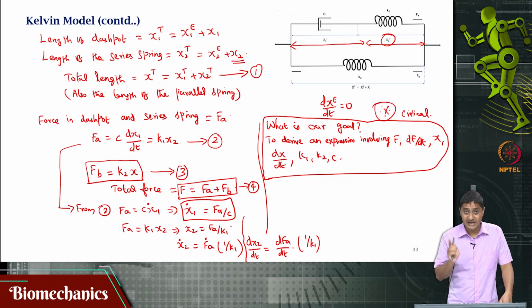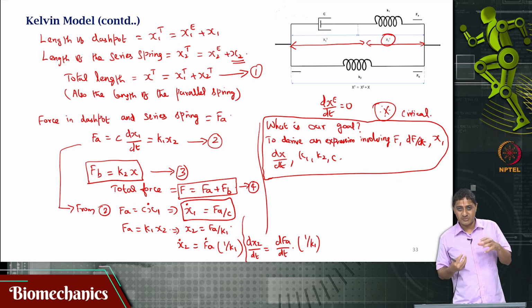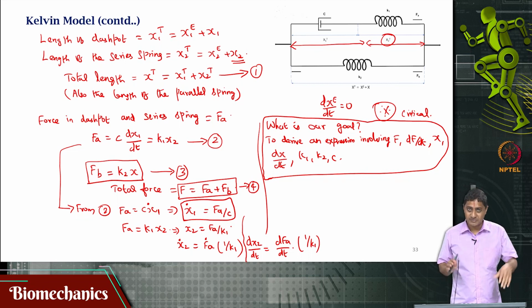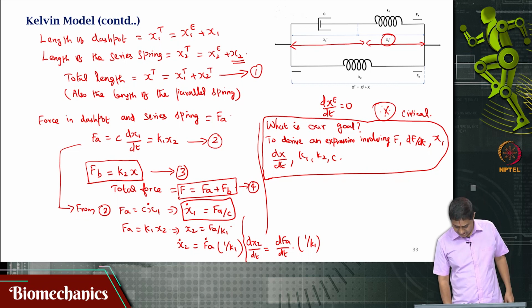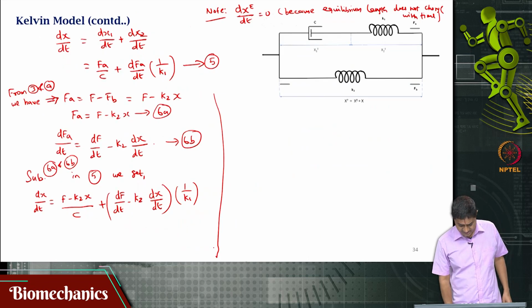I want F, dF by dt, X, dx by dt, K1, K2, C. This is what I want, such that I am able to get a relationship between the force applied and the deformation, or the deformation applied and the force. This is our goal. It seems like we have reached our goal, is it not?